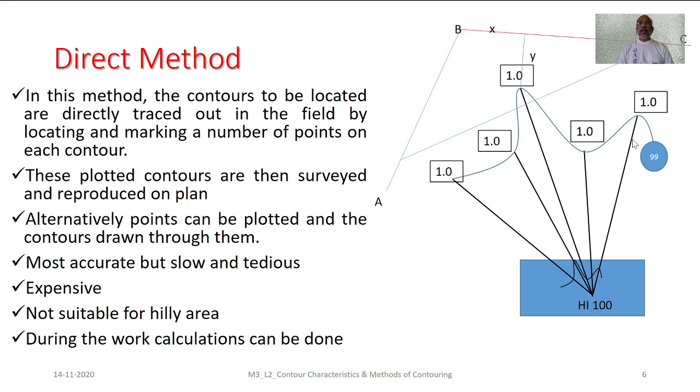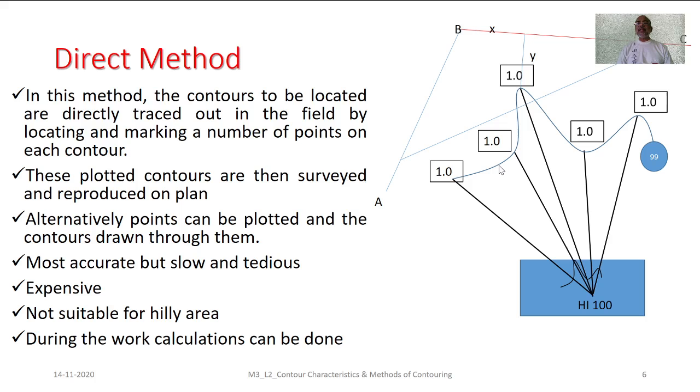Here one can make use of a theodolite traverse, plane tabling, or a simple offsetting technique. For example, we can take reference of line AB, or reference line BC. With respect to line BC, in order to locate this station, simply the x coordinate and y coordinate are enough to locate this particular point.